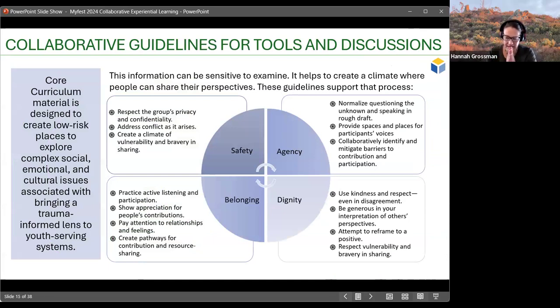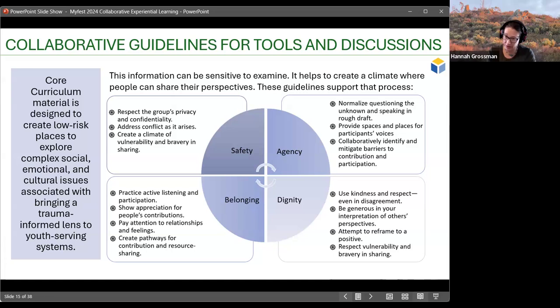It basically says that anytime a person has a harmful violation of their safety, agency, dignity, and/or belonging, that can be experienced by that person as a trauma. And anytime you do anything to build their safety, agency, dignity, and/or belonging, that can help support that person on a path to wellness.